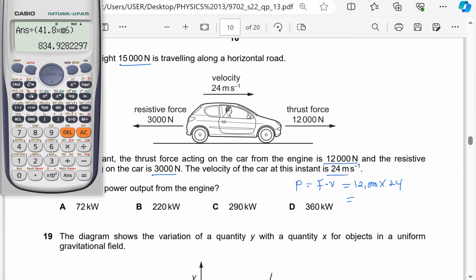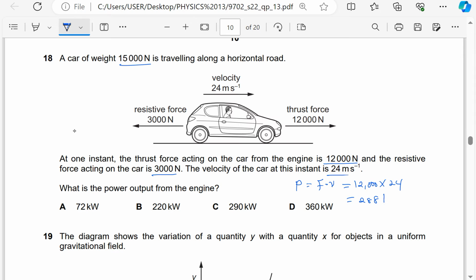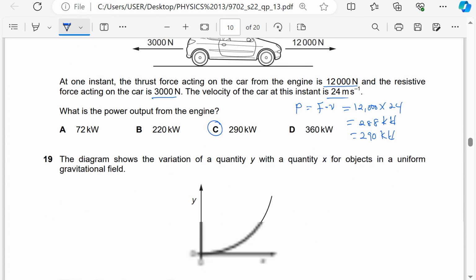That is 288 kilowatts, which is approximately 290 kilowatts. So the answer is going to be C.